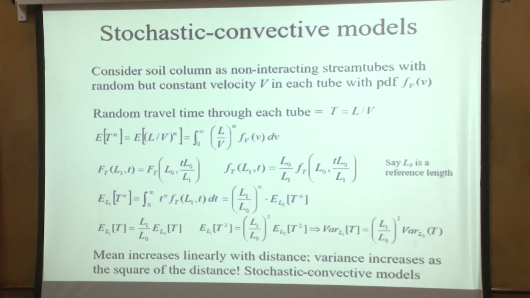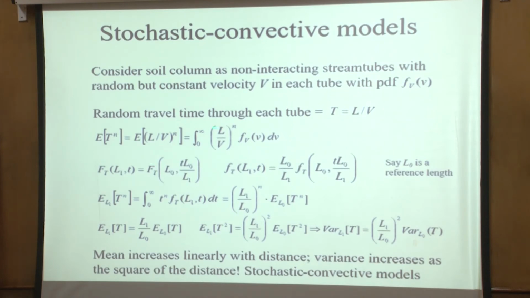Okay. I want to now talk briefly about another class of models. We will call them stochastic-convective models. And here, I'm going to challenge you to think a little differently. So we consider, let's say, a simple soil column as if non-interacting stream tubes. We could have random velocities in each of these tubes.